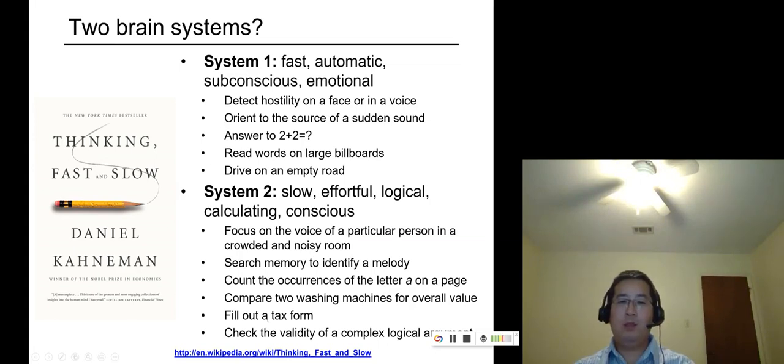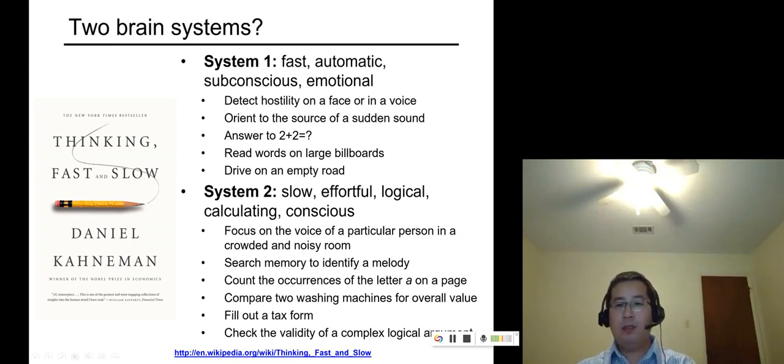Okay, we can use overall justification. Logic, calculating, conscious. So maybe for computer, it doesn't know how to do that. And fill out a text form. We can use our existing knowledge, existing memory, and a lot of things, and learn the skills to do that.